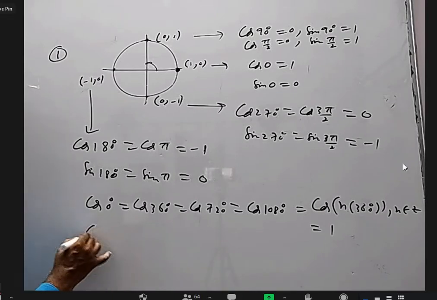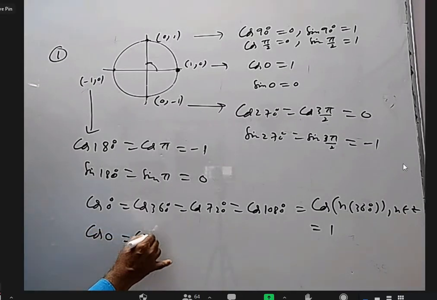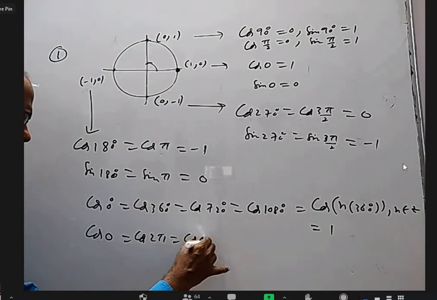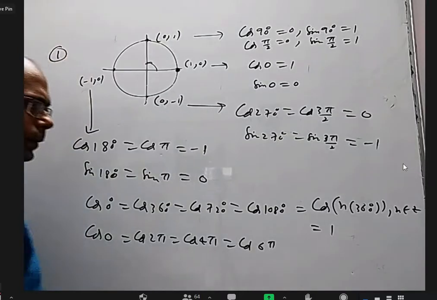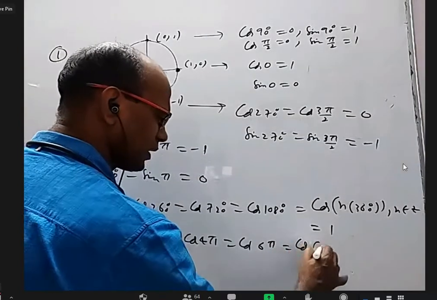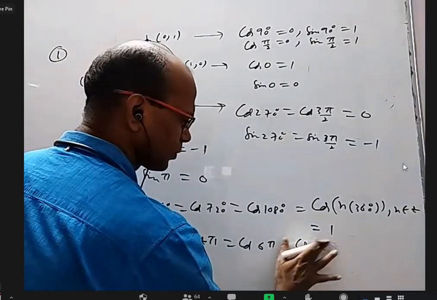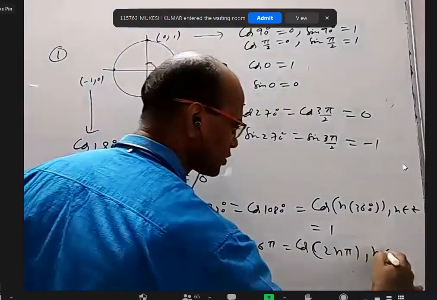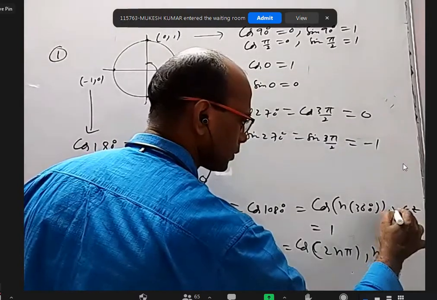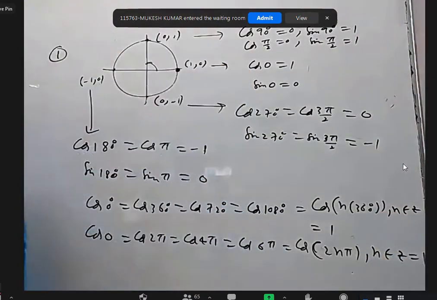If you want to write in radians, cos 0, cos 2 pi, cos 4 pi, cos 6 pi, that is cos of 2n pi, where n is an integer, is always 1.